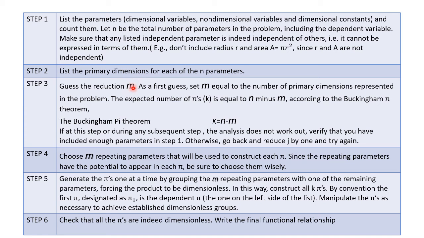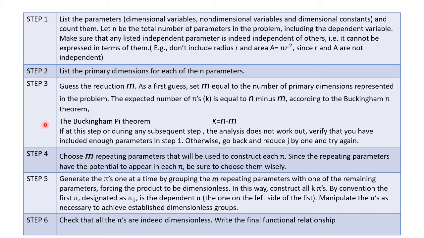If you find the primary dimensions equal to 2, like the problems we solved in the beginning, where we did not have mass, only length and time, then set m equal to 2. Then the expected number of pi terms will be equal to the number of variables minus m.